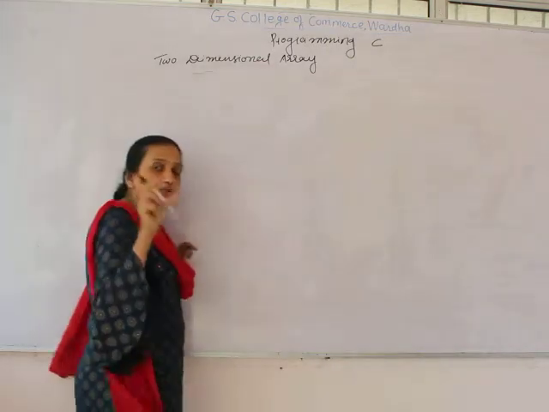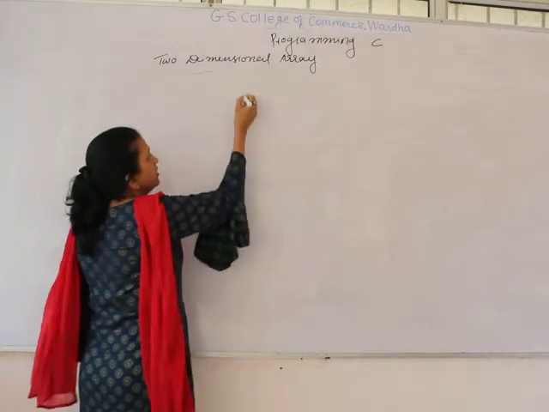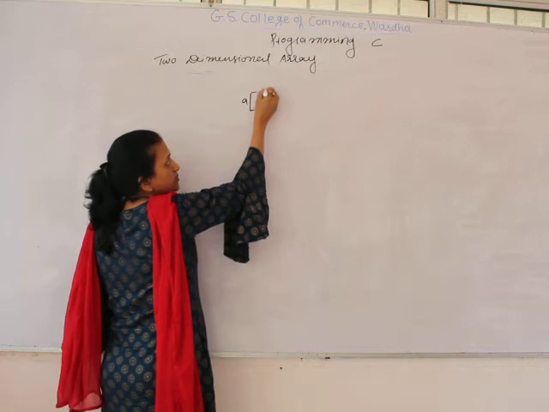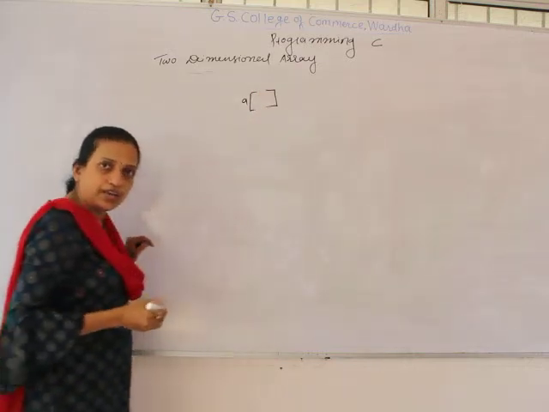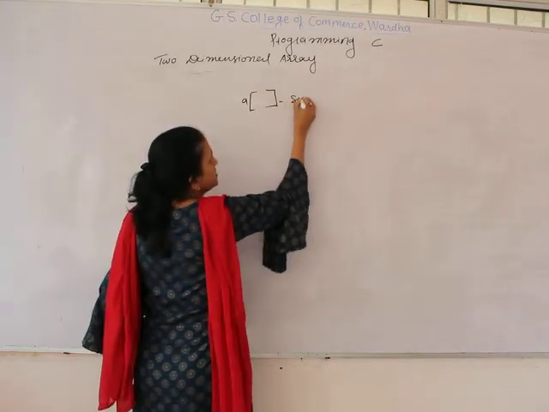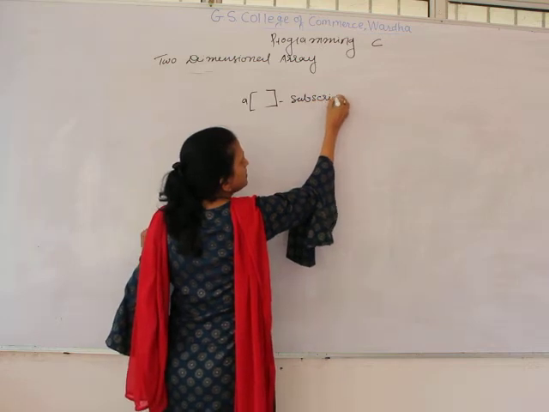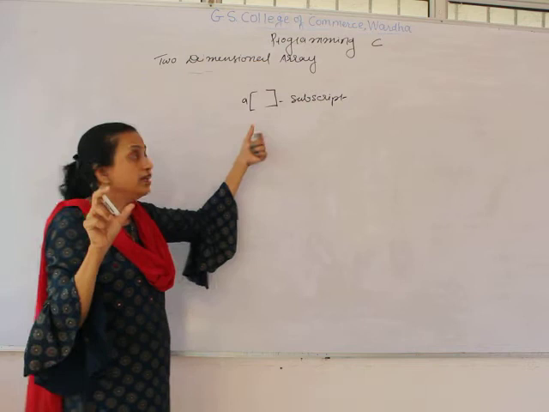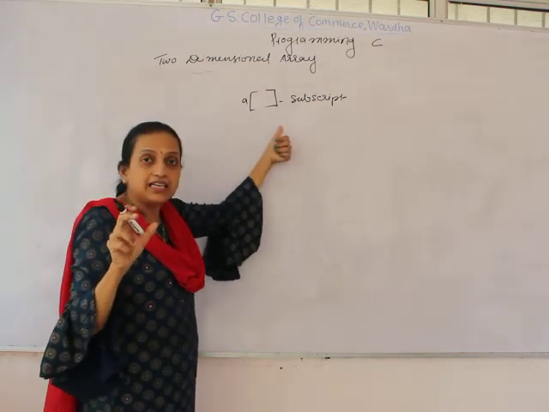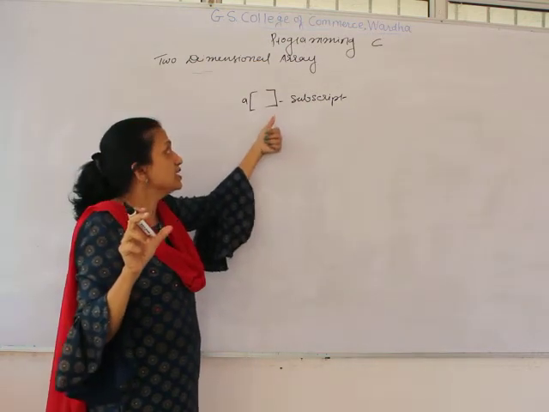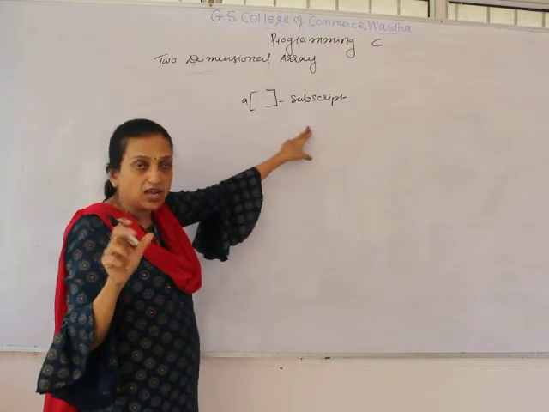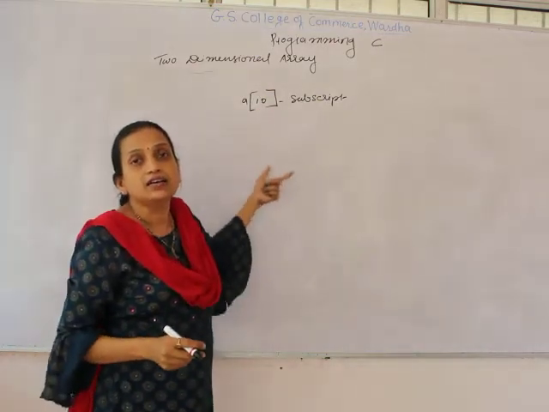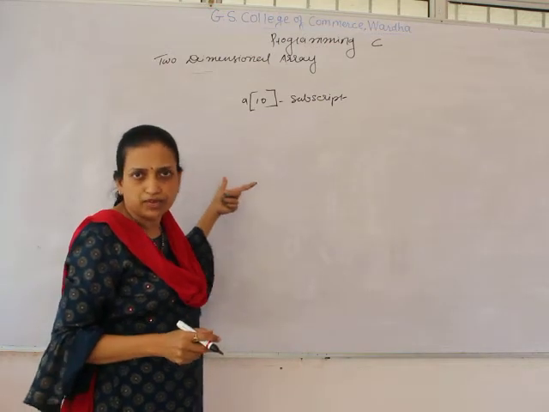When you define the array variable, when you declare the array variable with a single subscripted value, this is called a subscript. So when the variable is declared with a single subscript value, it is known as single dimensional array or one dimensional array.